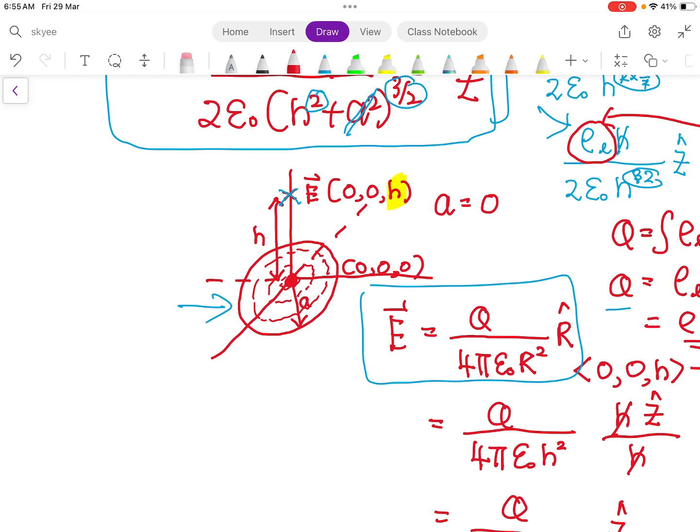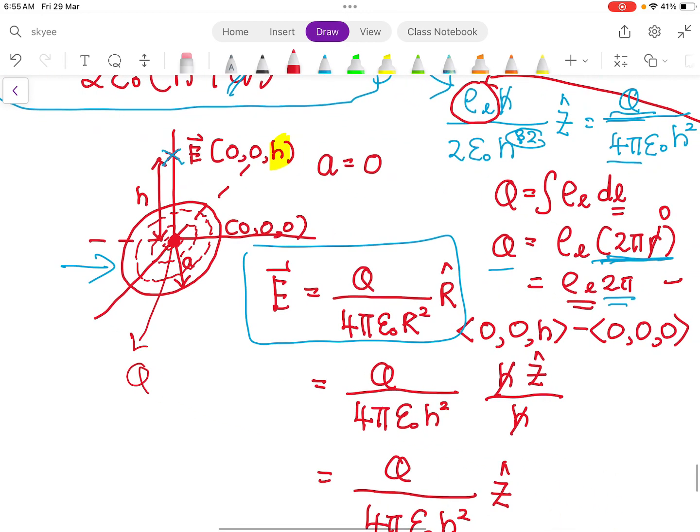And they give you the Q. So the electric field of a point charge is represented by this one. You can insert the value that is given to you. In this ring case, the observation point is 0, 0, h.